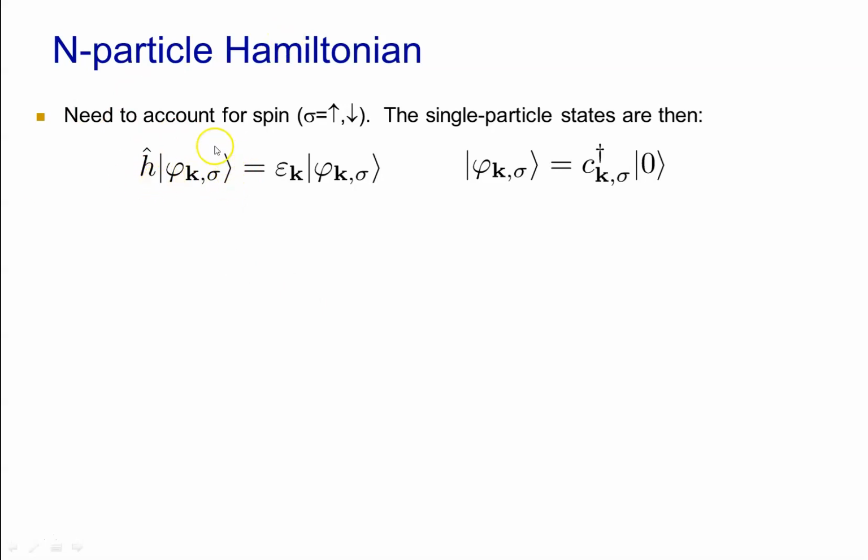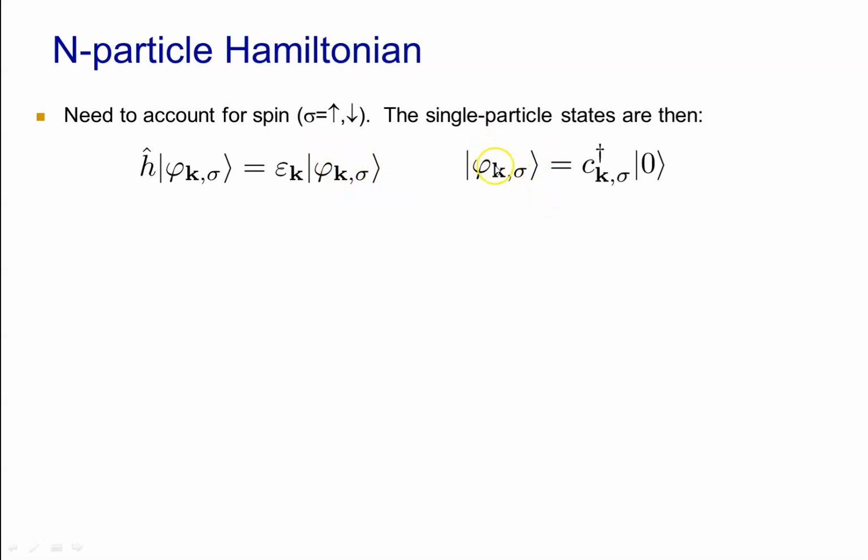For that, we need to, in fact, double the number of states by including the spin quantum number, meaning that applying this single particle Hamiltonian to a state with indices vector k and sigma gives me the energy Ek, which does not depend on sigma. So up and down are degenerate states, but here I have essentially double the states that I had before, right?